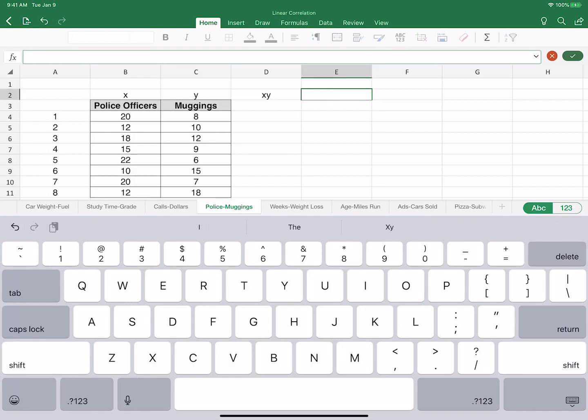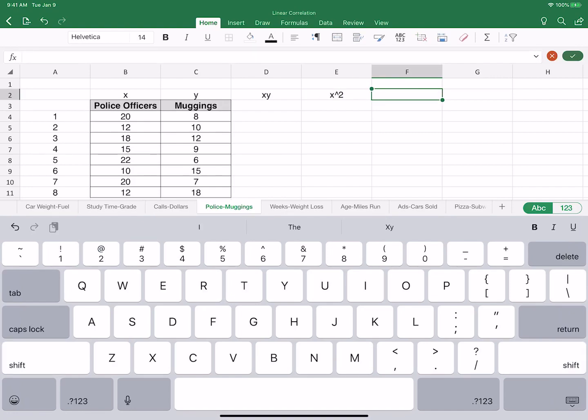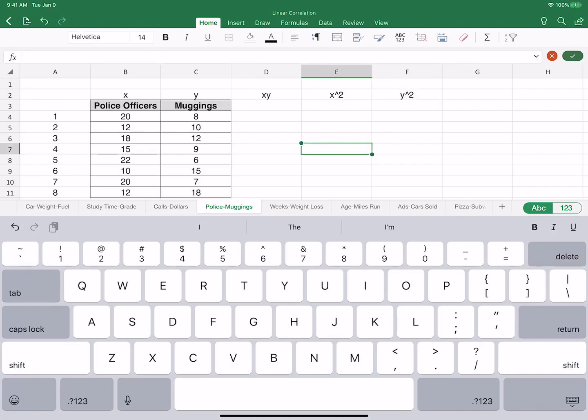And again, it's always capital. X raised to the second power, and then we have a what? Y raised to the what? Second power. Okay.